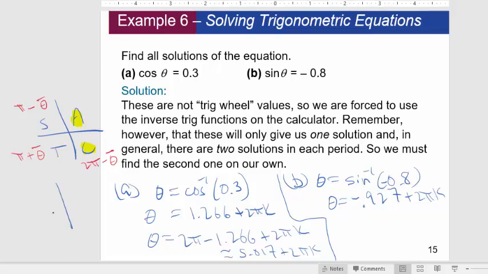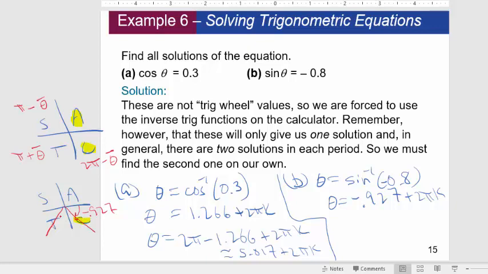But remember, when you're dealing with inverse sine and we have a negative value, the angle that we got here is negative 0.927. So that's the fourth quadrant angle, but we also need the third quadrant angle, right? Because that's the other quadrant where sine is going to be negative.